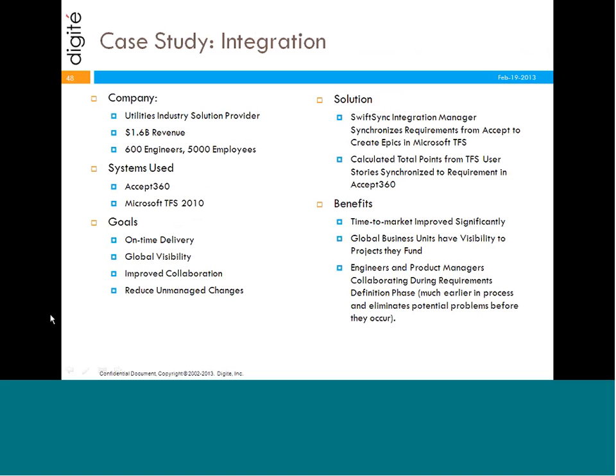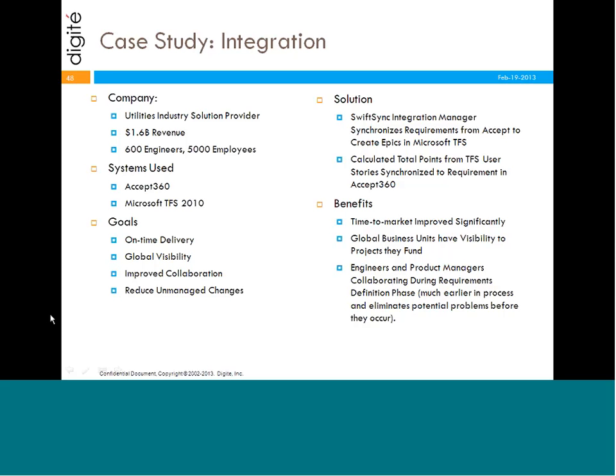Another quick case study. This is the utilities industry solution provider, $1.6 billion in revenue, 600 engineers in their technology organization, 5,000 employees overall. And the systems that they used were Accept 360 for the requirements management and Microsoft TFS. And the goal again here was on-time delivery, just providing visibility across the organization, better collaboration between business and technology, and reduced unmanaged changes.